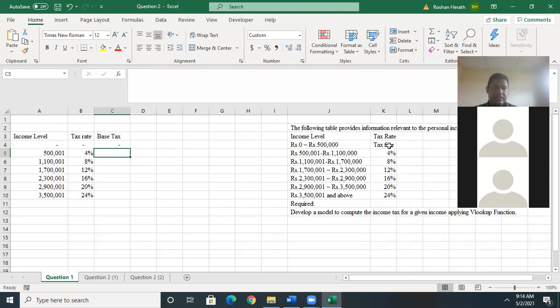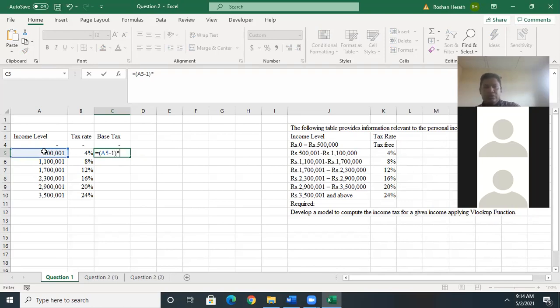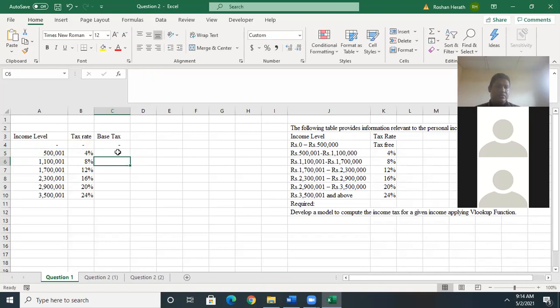So therefore, for that particular person, if you take this 500,000 minus 1 into previous tax rate, it's going to be 0.